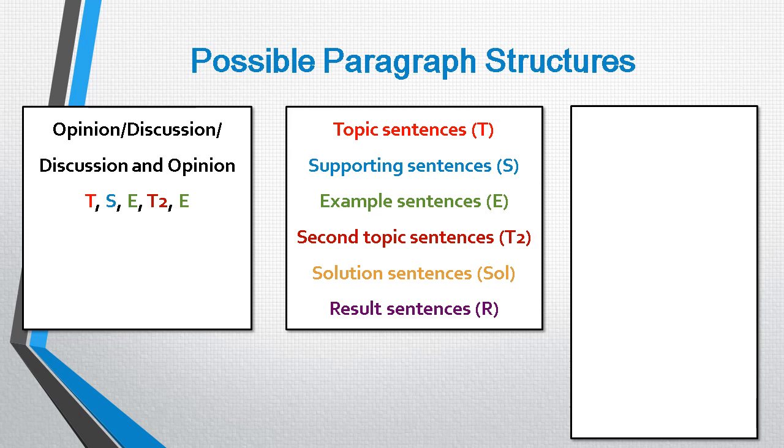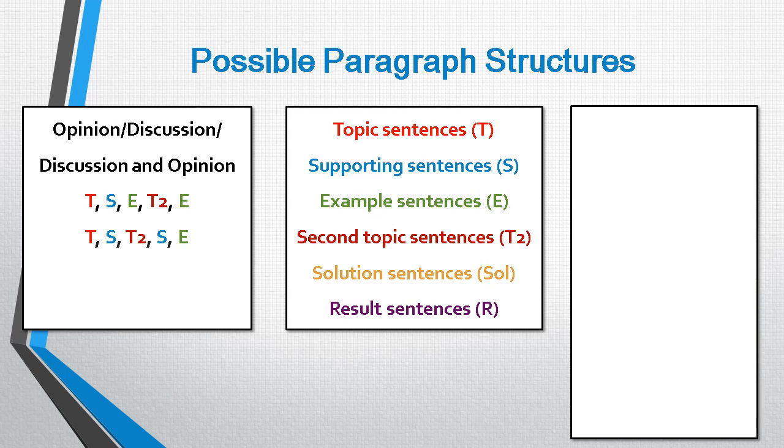You can mix it up. You could have a topic sentence, a supporting sentence, a second topic sentence, and then a supporting sentence and an example sentence. There are different combinations that you can use. The only real rule that I would suggest is that you follow a topic sentence or a second topic sentence with at least one sentence that develops it somehow.